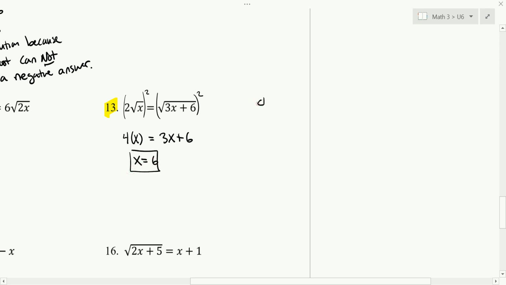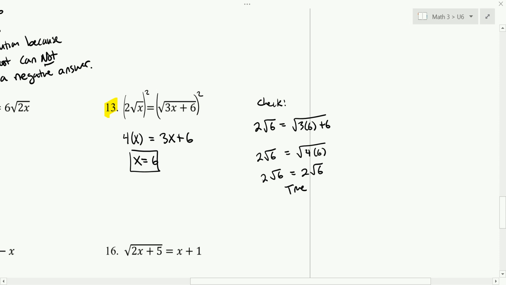Let's check that. 2 times the square root of 6, is that equal to the square root of 3 times 6 plus 6, which is 4 times 6, and the square root of 4 is 2. So we get equality, that's true, so we get to keep our answer.